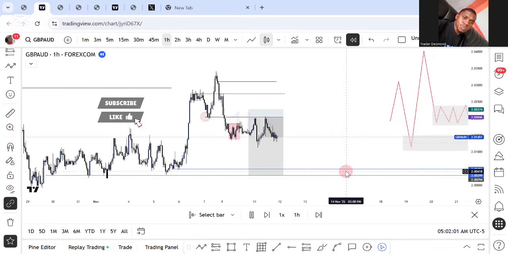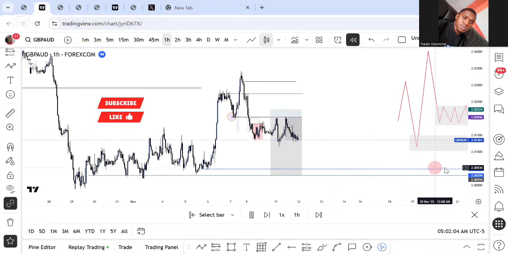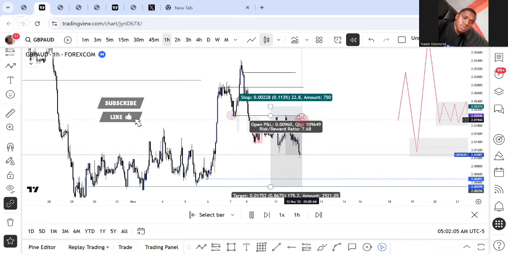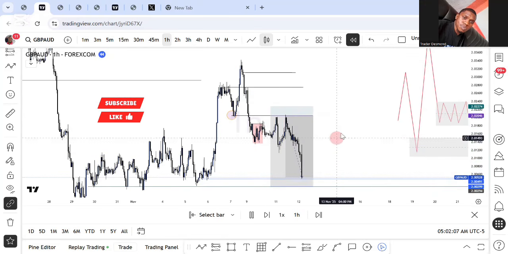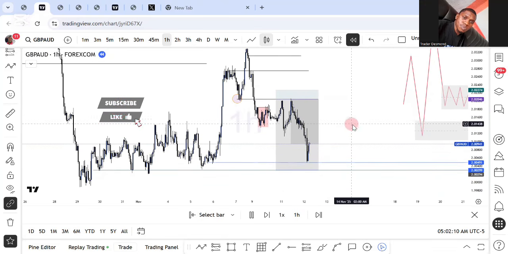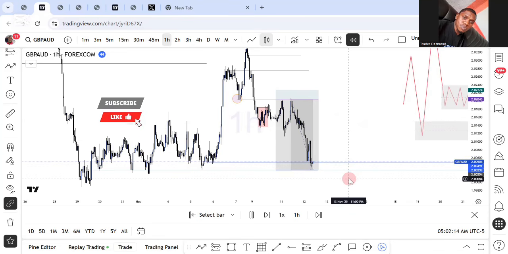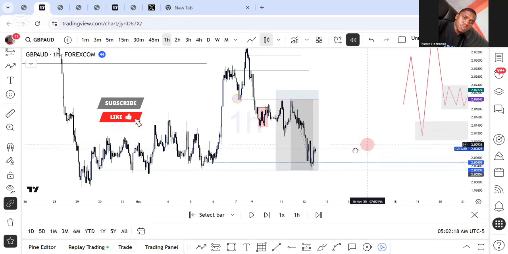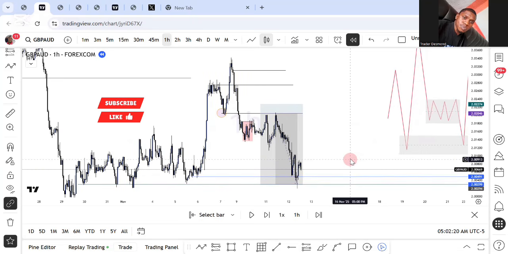This was the reaction, and this was how the market started moving, playing around. Then we were able to hit TP at the end. You see, so this was the trade. See how perfect it is, how everything works together.